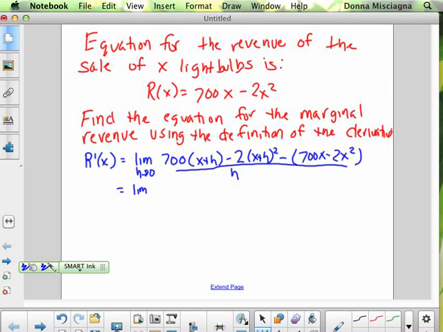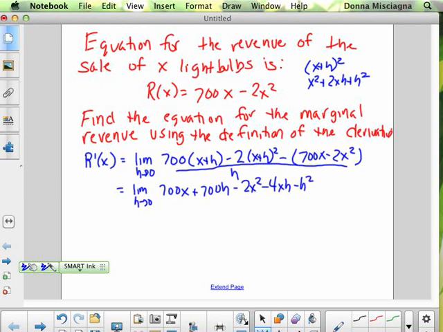So the limit as H approaches 0, let's distribute 700X plus 700H minus. So X plus H squared is X squared plus 2XH plus H squared. So let's just distribute the negative 2 to all of those terms. So minus 2X squared minus 4XH minus H squared minus 700X and then plus 2X squared all over H.